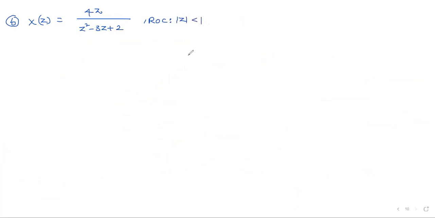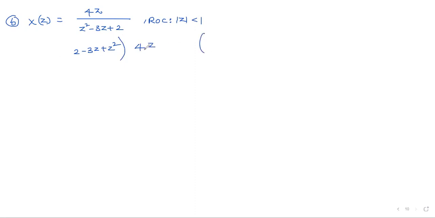You see that they gave less than. Less than means first you need to take the lower z terms: 2 minus 3z plus z square, with no z term first, then z power 1, z square. That you need to divide into the 4z numerator term.